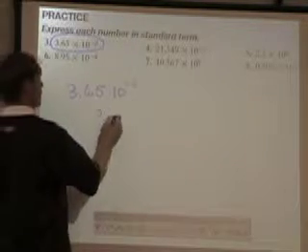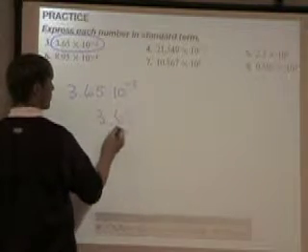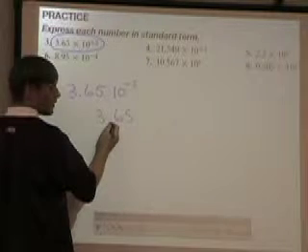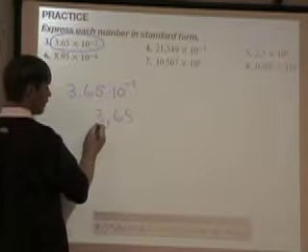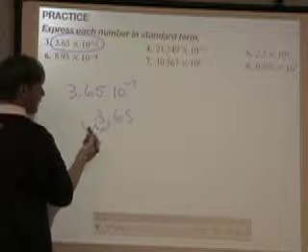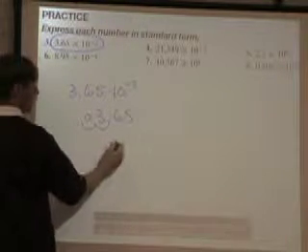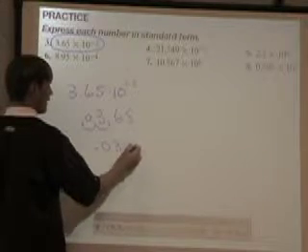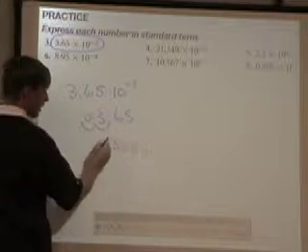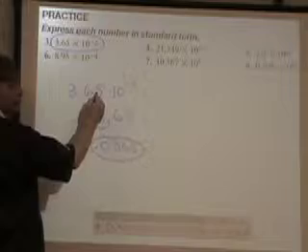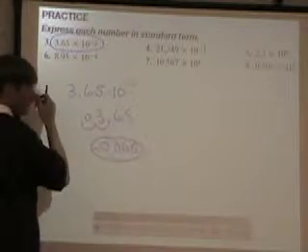So I got 3.65. Which way do I move the decimal? Left, how many? 1, 2, and in these empty spaces I put a 0, so my answer is 0.0365. Now is that less than 1? So you got it right. This is scientific, this is standard.